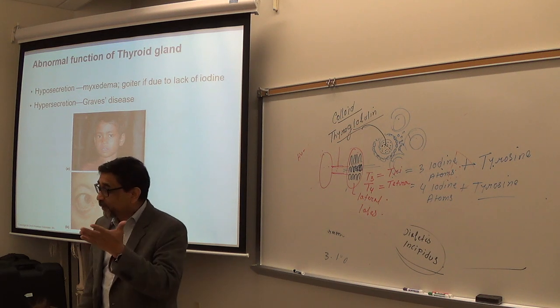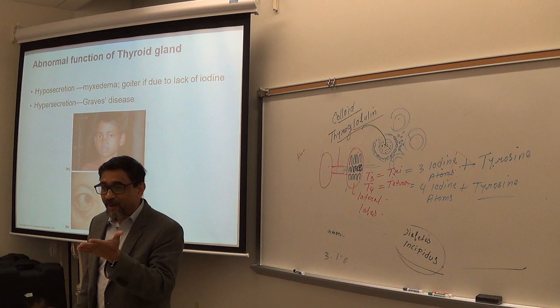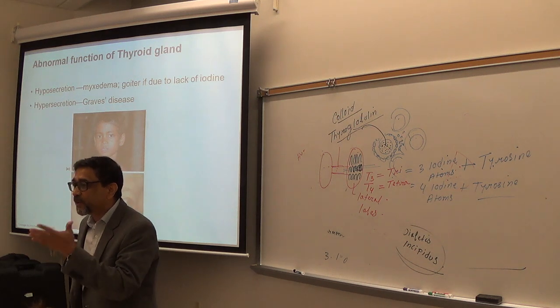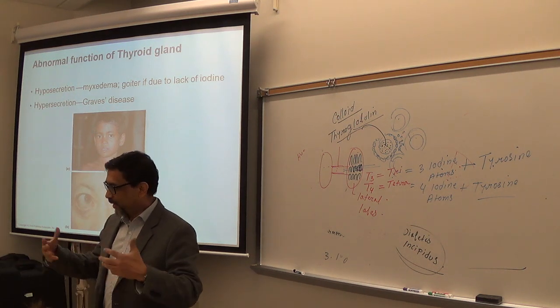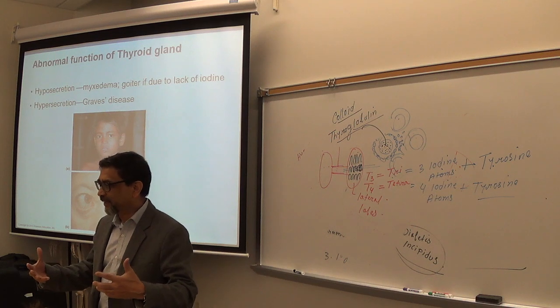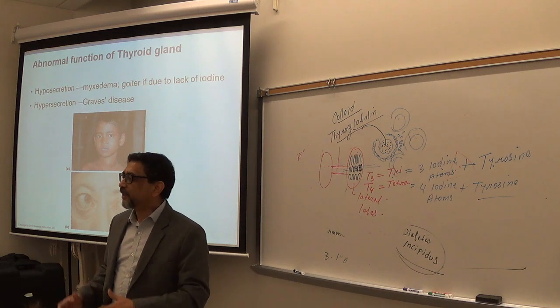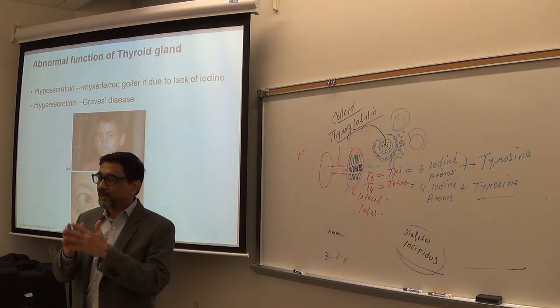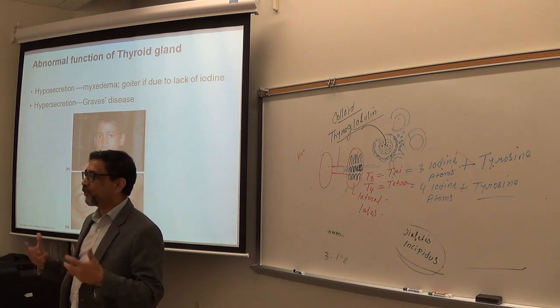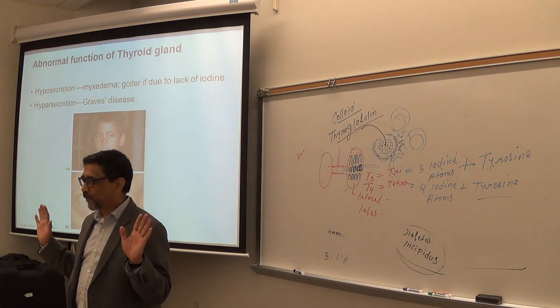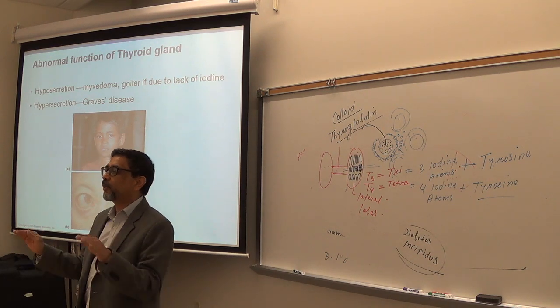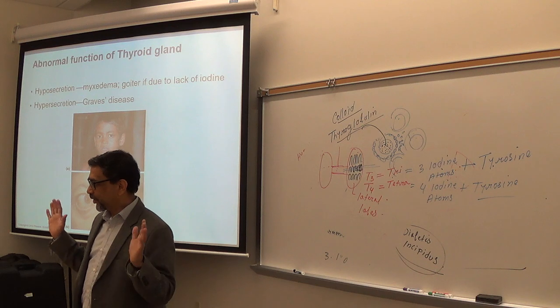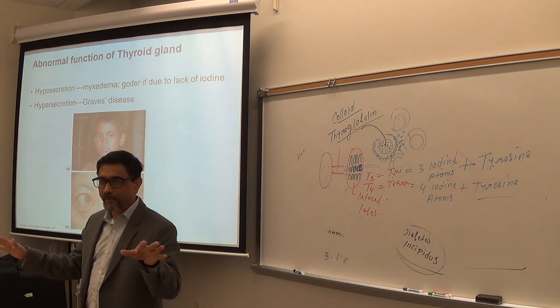Now, you already know by now, T3 and T4, these two hormones do what? Regulate the metabolic activities of the body, right? So if T3 and T4 are secreted more, then metabolic activities of the body will be more. Is it clear? More metabolism in the body. Even when you are in resting condition, metabolism is more than normal people, right?